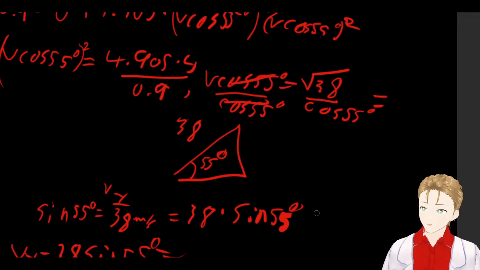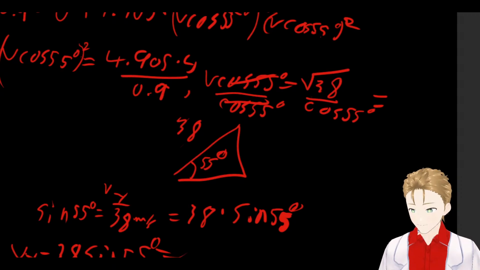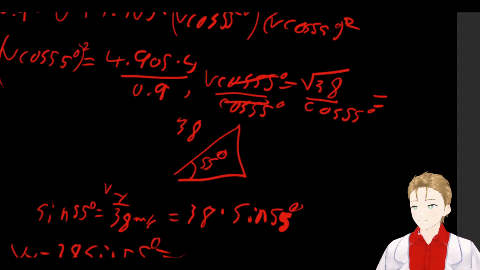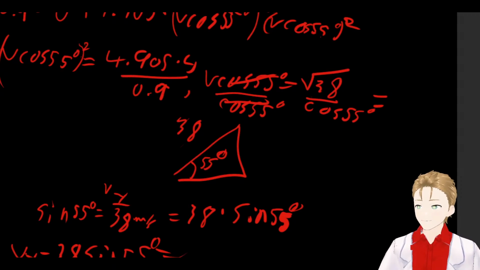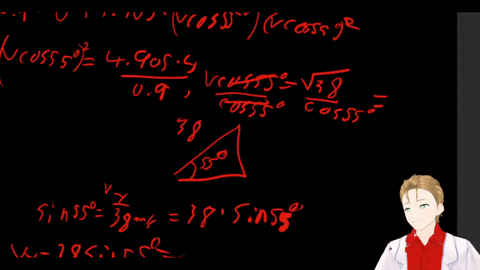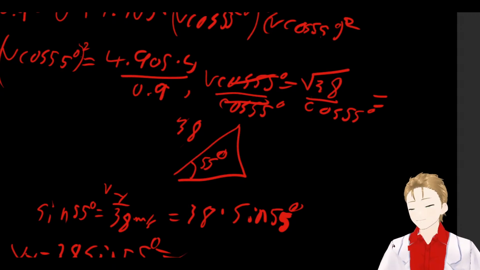All the way to... what do we get? Square root of... wait, it wasn't 38, it's 0.905 times 4 divided by 0.9.